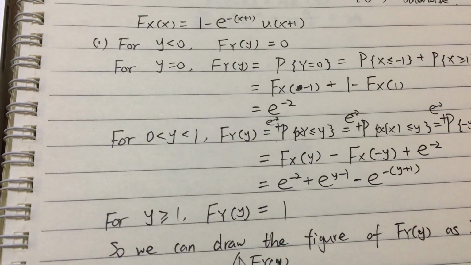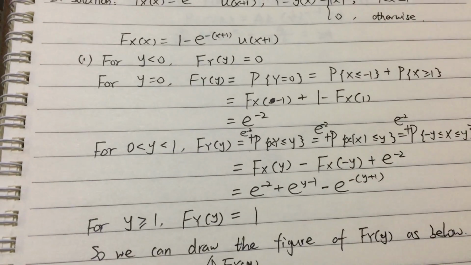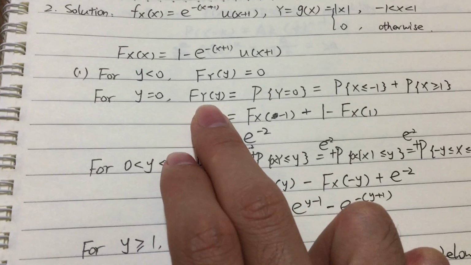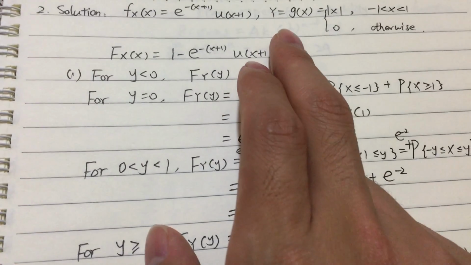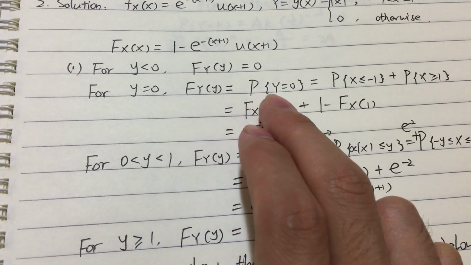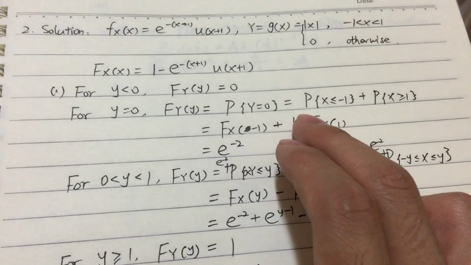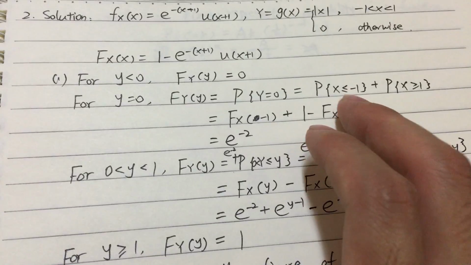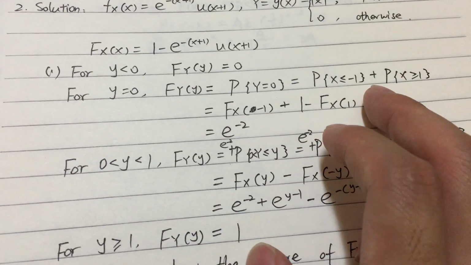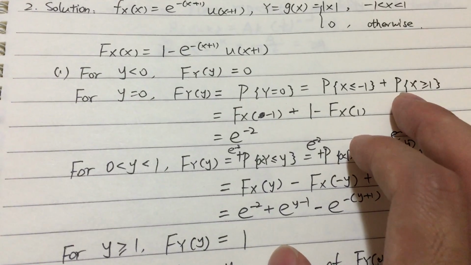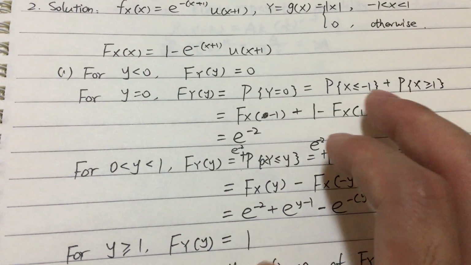For y equal to 0, we can also find the big Fy from this relationship: P(Y=0) equals P(X smaller than or equal to -1) plus P(X bigger than or equal to 1).